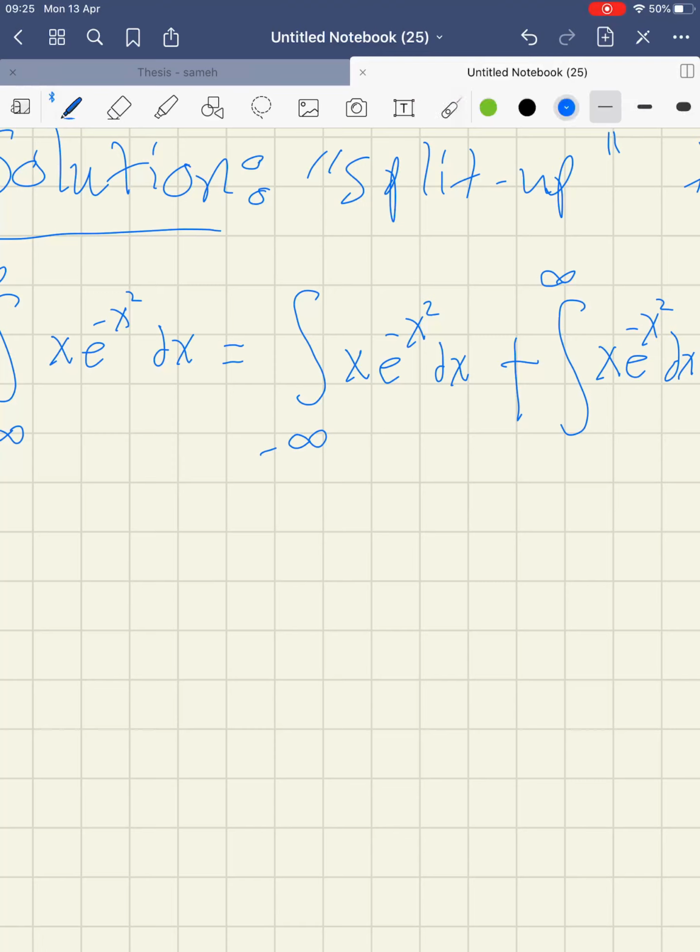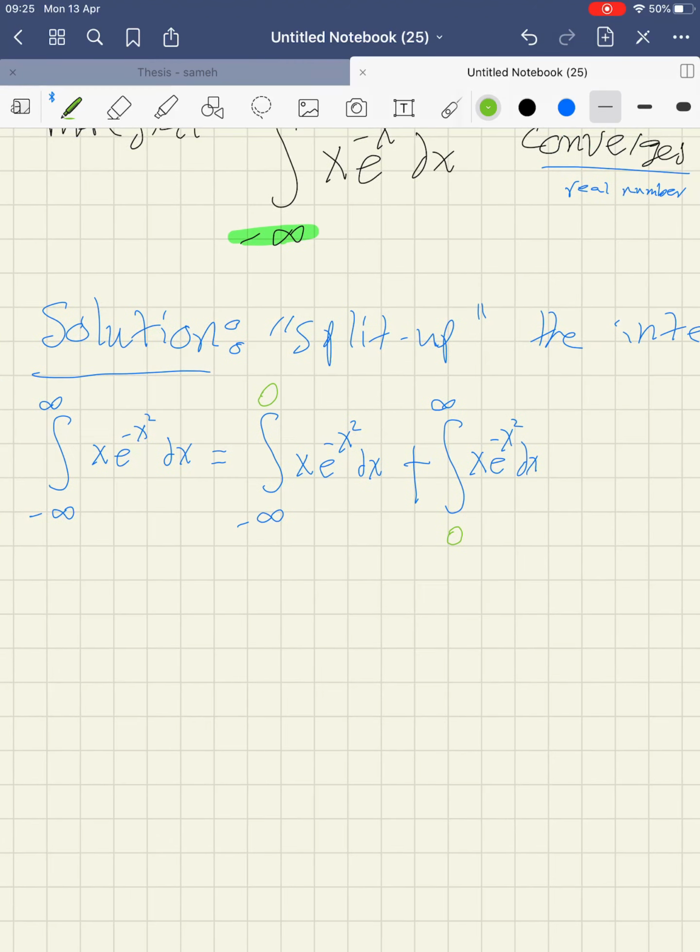Any number will be fine. So I will choose, for example, 0. If you put 0 here, you have to put 0 here. In the book you can use C, any number, it doesn't matter. If you use a number like 0, it will be easy because of the calculation that you will see later.